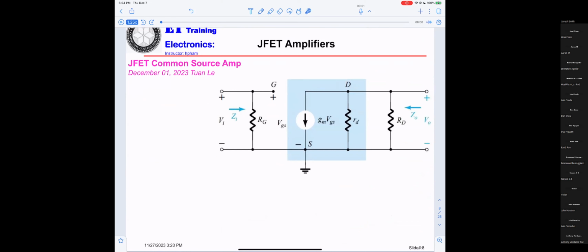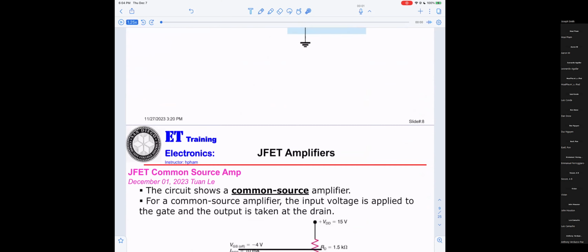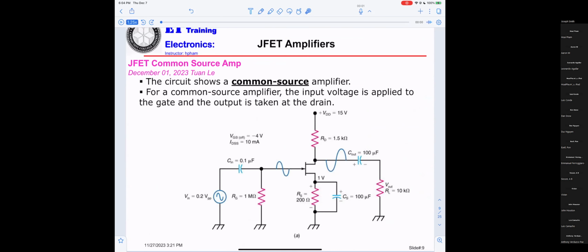Okay, so this circuitry, same thing, we already did. Okay, and now they give some of the data, the values. So this is a common source. You get the input 0.2 volt peak to peak. Capacitor here, that will be 1 mega ohm.